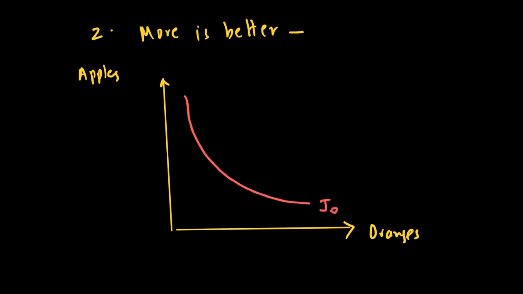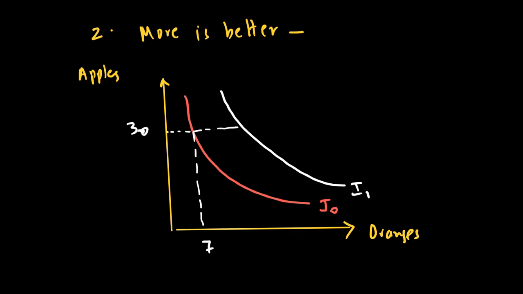But if more is better, this means any indifference curve to the right, like for example this indifference curve I1, will always result in a better satisfaction or utility level. Let's say this was 30 and for example 7, and now for every 30 I can get for example 10 of oranges.